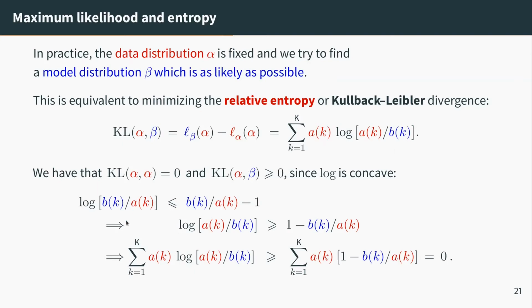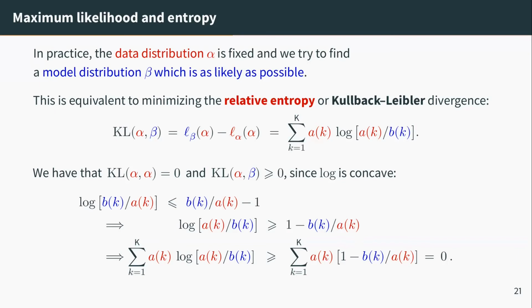We know that the logarithmic function is concave. Among other properties, if you look at the log and its tangent at x equal 1, the curve of log is always below the tangent. So log of x is always smaller than x minus 1. It implies that log of bk divided by ak is smaller than bk divided by ak minus 1.